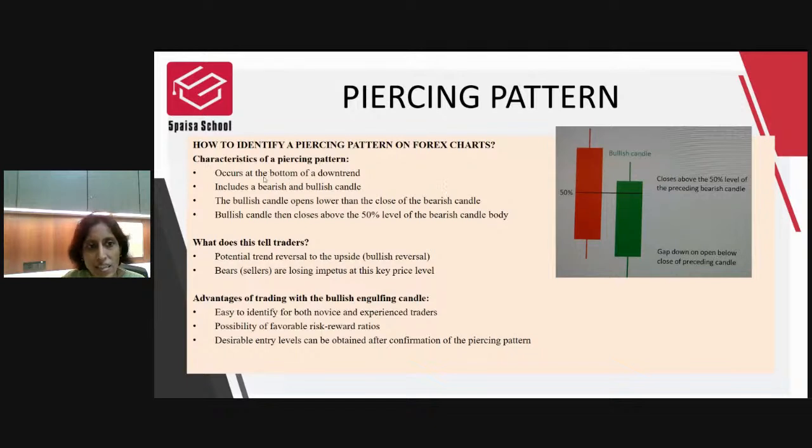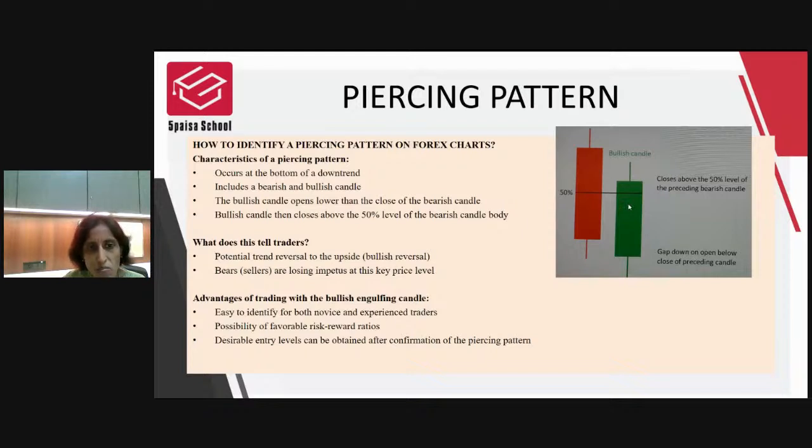So it occurs at the bottom of the downtrend, includes a bearish and a bullish candle, and the bullish candle opens lower than the close of the bearish candle, and then closes above the 50% level of the bearish candle, as you can see over here. So what does it tell the traders?